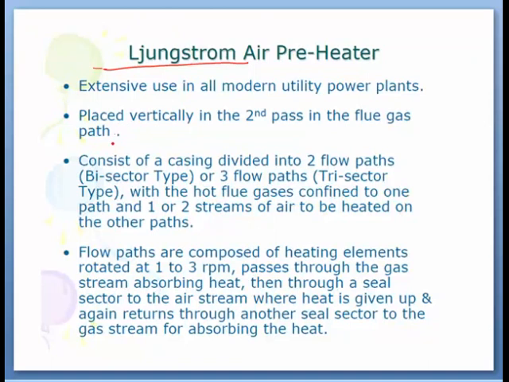When the flue gas from the radiant zone passes through the convective zone, transferring its heat to the LTSH and economizer, and then leaves the economizer, this air preheater is placed between the economizer and the chimney.